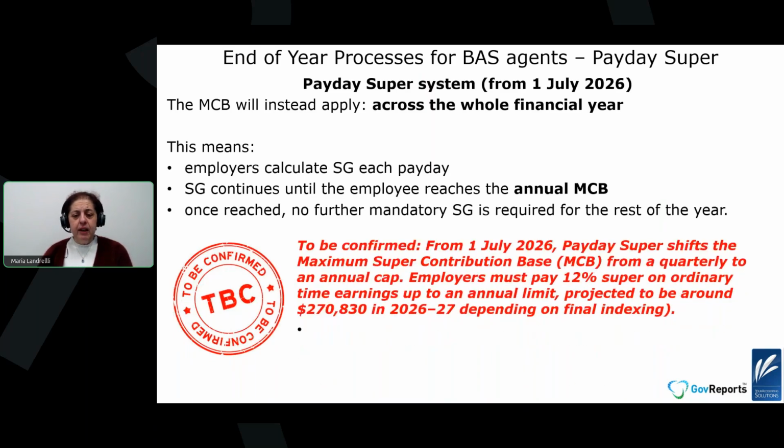It hasn't been confirmed as yet, or at the time I created this, but with the limit and the changes to wages and indexing, it's expected to be 270,830 for the 26-27 financial year. So it hasn't been confirmed yet, but it's around that figure.